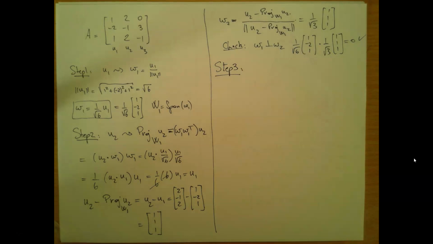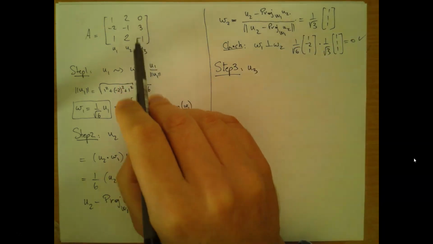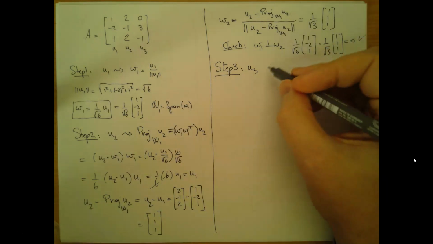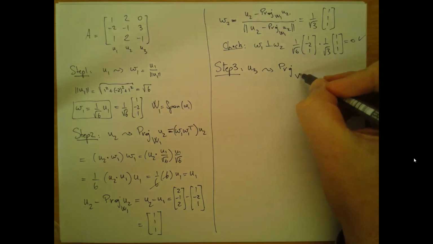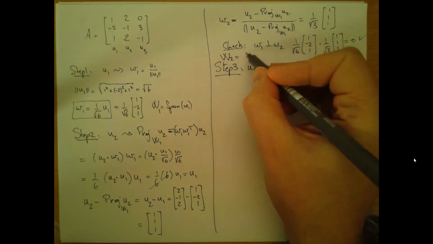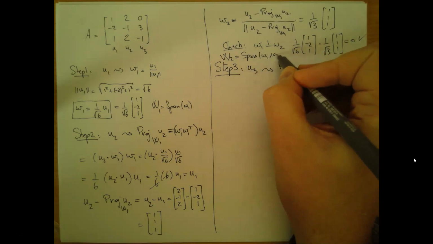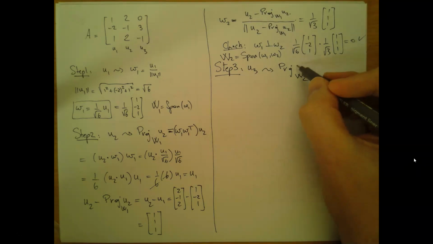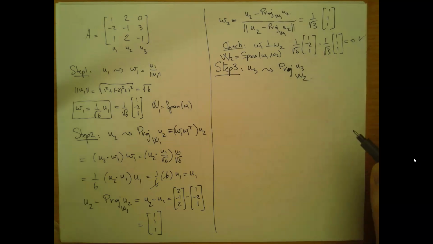Okay, so what do we have to do here? We need to take the third vector, (0, 3, -1), and we need to project it onto W2. Oh, I didn't define W2. W2 is the span of w1 and w2. So how do you project onto a subspace like W2?